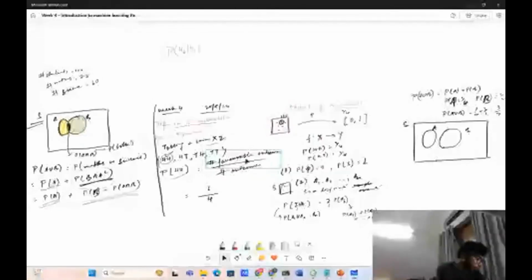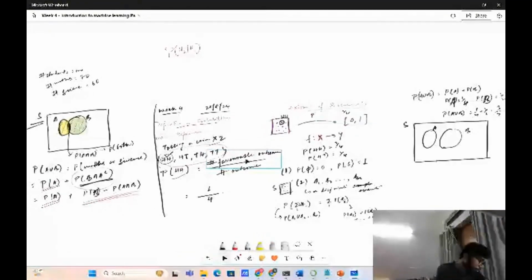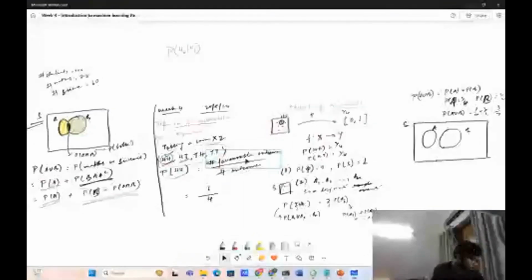To calculate, if you see from this sample space, which are the events that show that the first coin is head. So this is the first coin is head, and again this one. These two are the only events which show that the first coin is heads. Now we want to calculate what are the chances that my second coin will also show heads.